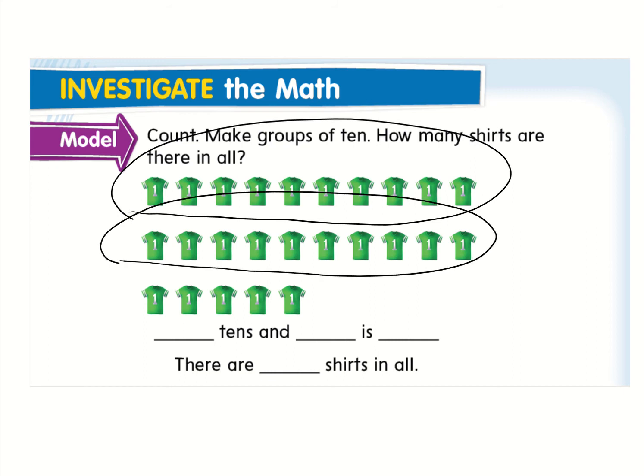So I know that 2 10s and 1, 2, 3, 4, 5, and 5 is going to be 10, 20, 21, 22, 23, 24, and 25. So 2 10s and 5 1s is 25. So we actually have 25 shirts in all. So by making it 10 here, boys and girls, it's actually a lot easier for us to add because we can just count by 10s and move our way up right there.